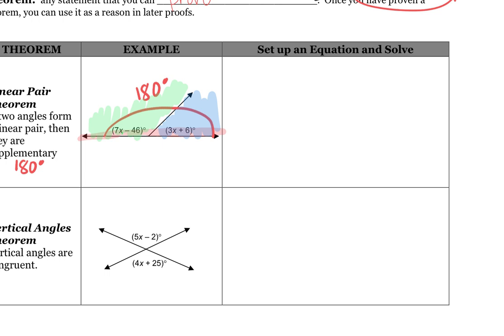What they want us to do next is set up an equation and solve. Okay, so let's solve. Because I have a part of one angle and then a part of the other angle, and I have a whole of 180, I'm going to use part plus part equals a whole.